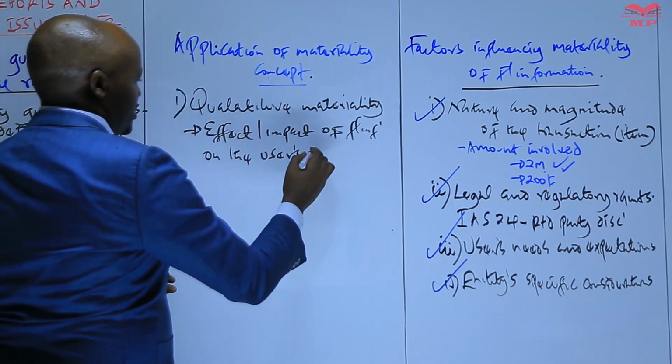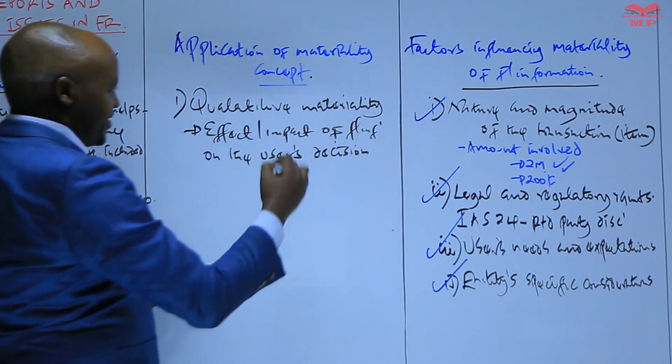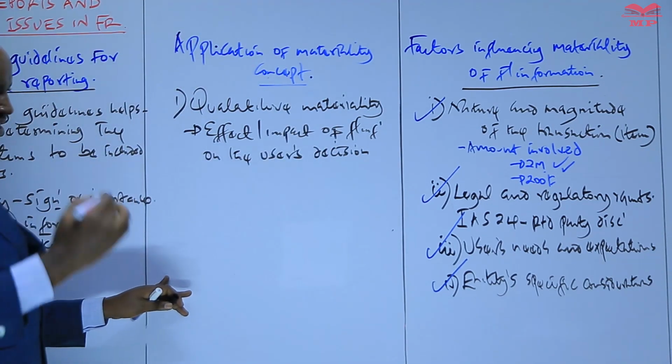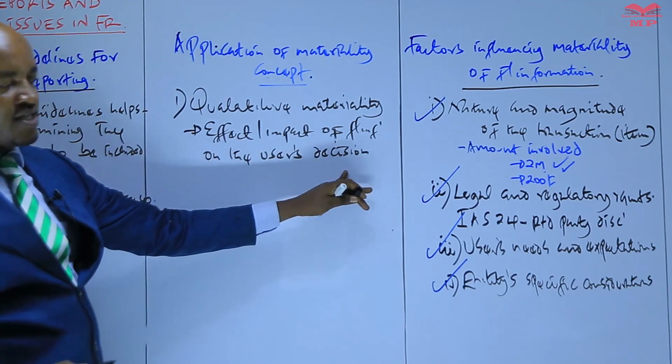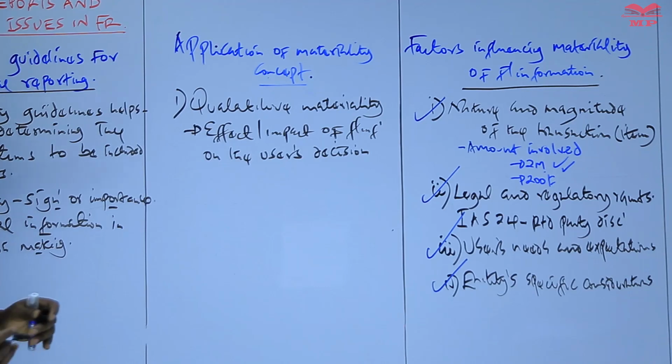If an item or financial information will affect the user's decision, it is material. If it will not affect the user's decision, then we say it is immaterial.